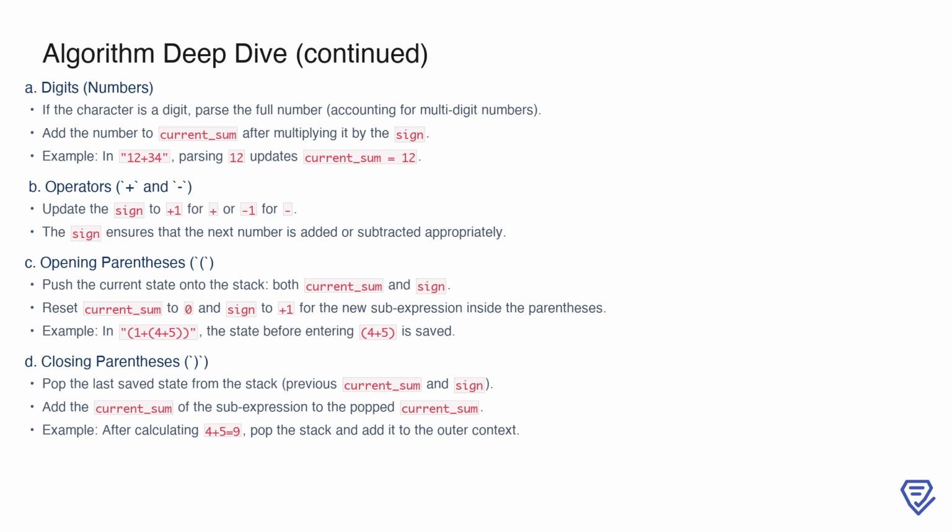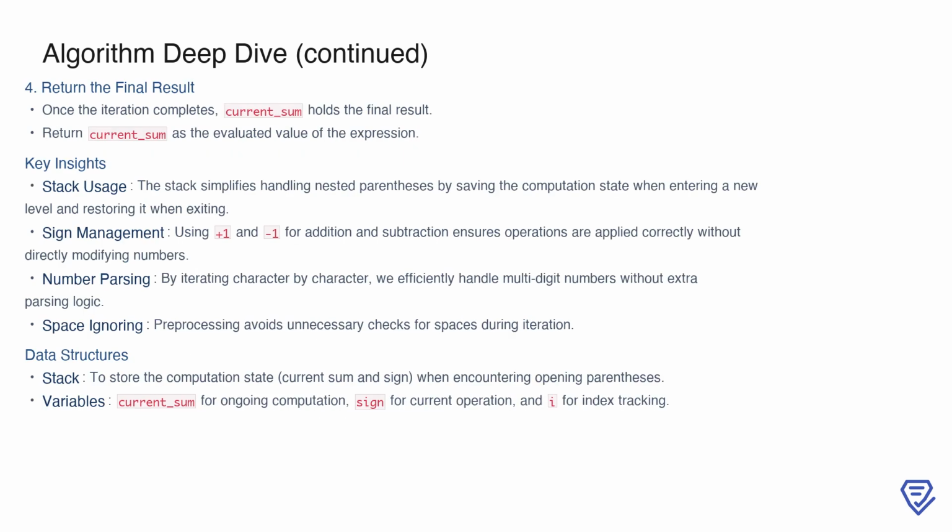This process ensures that each nested calculation is correctly integrated into the overall result. At the end of the iteration, the current_sum variable contains the final result of the expression, which we return as the output. The stack is essential for managing nested parentheses, allowing us to save and restore the computation state as we enter and exit different levels of the expression.